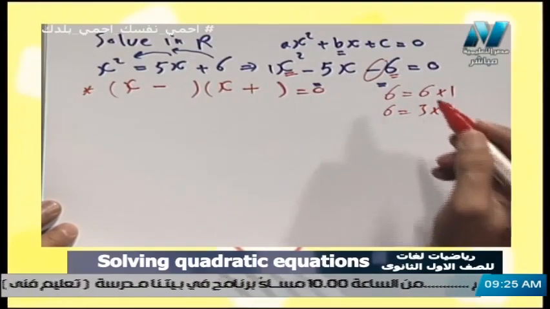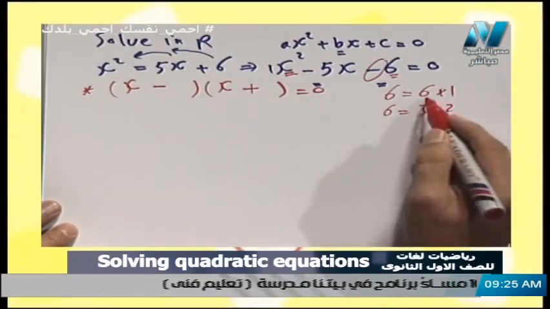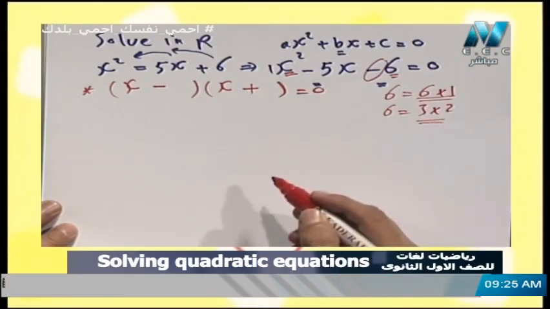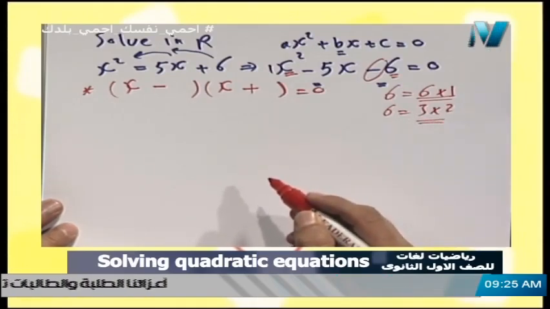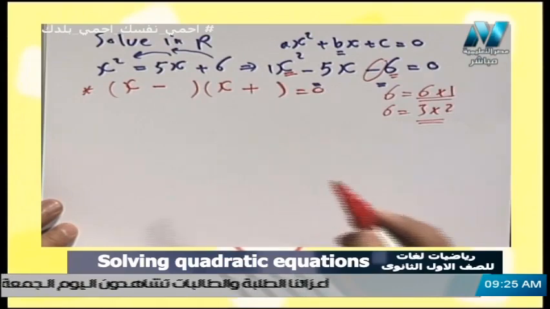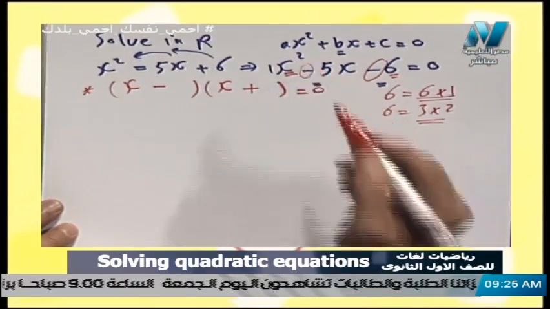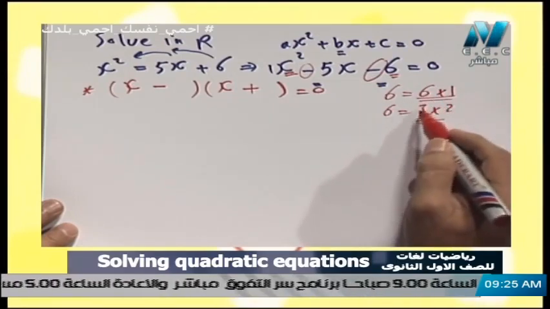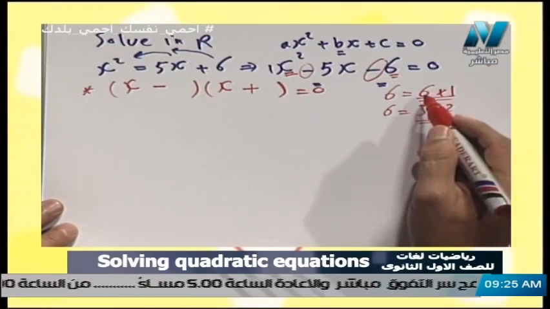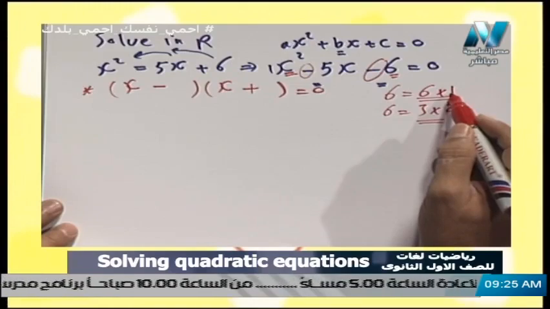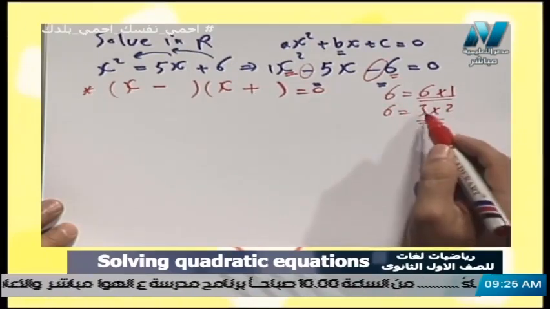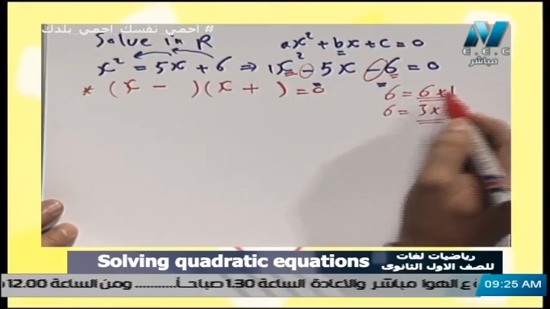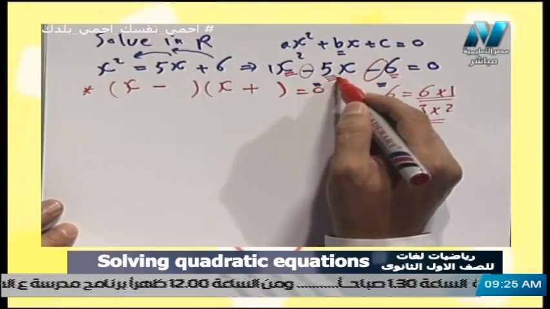Which will we put in the solution, 6 multiplied by 1 or 3 multiplied by 2? By any method we choose, we here have negative in the middle term. That means we subtract these two numbers. 6 minus 1 is 5, but 3 minus 2 equals 1. So 6 minus 1 equals 5. It is the right solution.